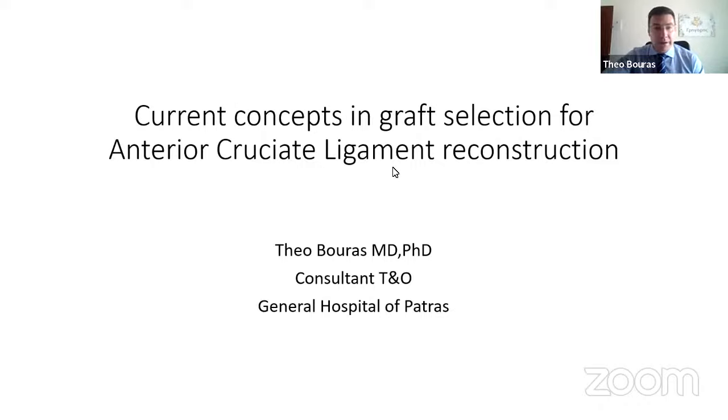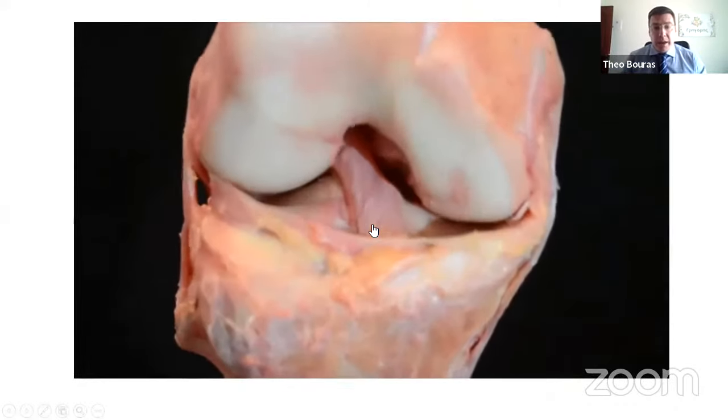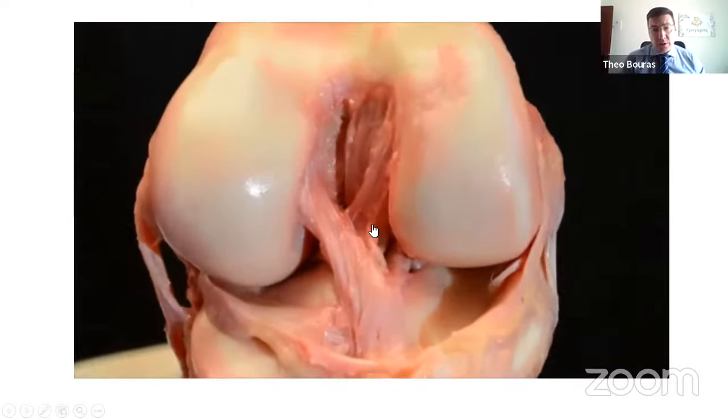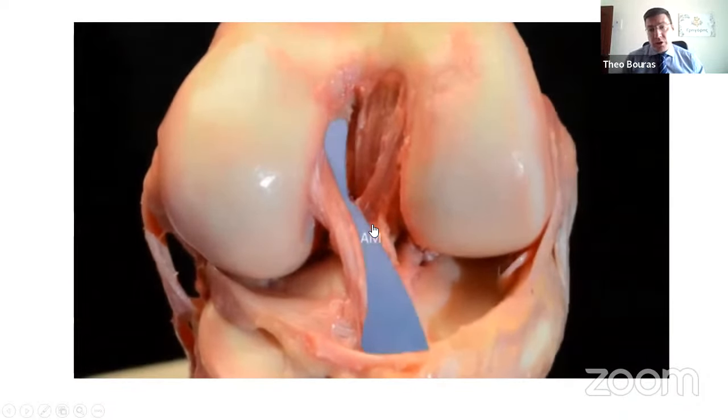Hi to everybody. My talk today has to do with graft selection in ACL reconstruction. The ACL ligament is the main stabilizer for the anterior translation of the tibia. It also contributes in rotational stability along with the medial meniscus.